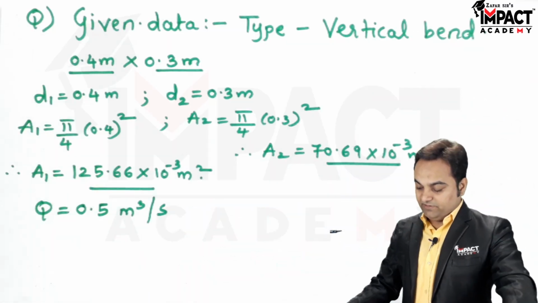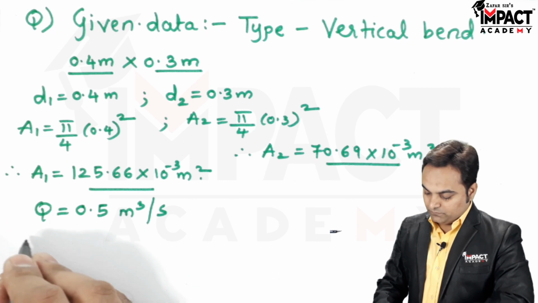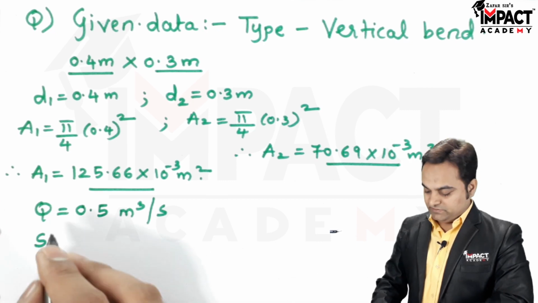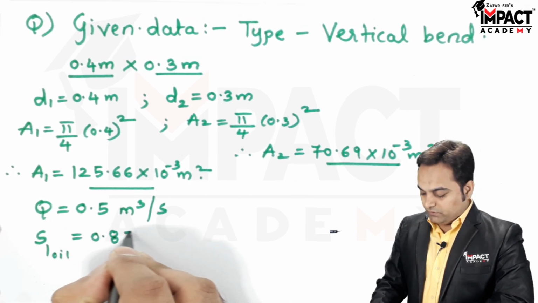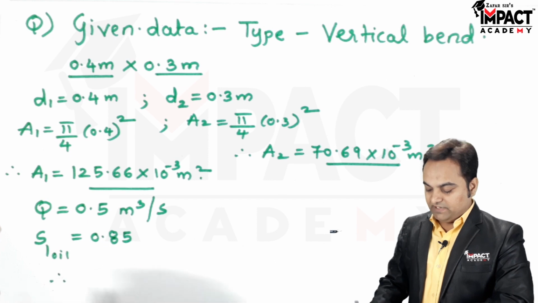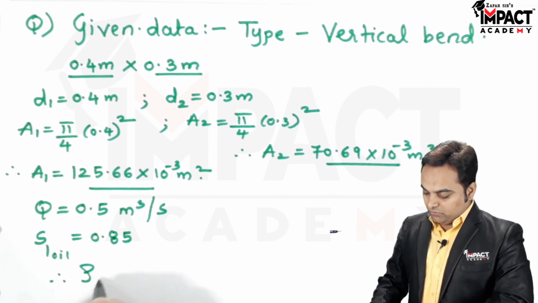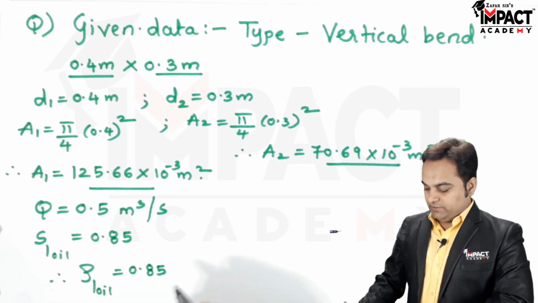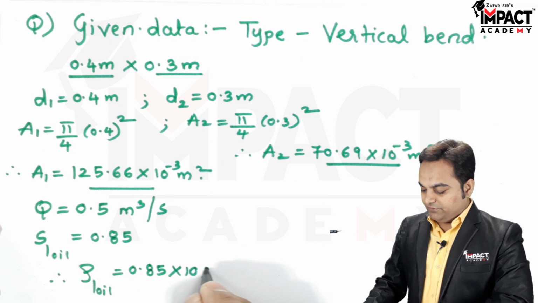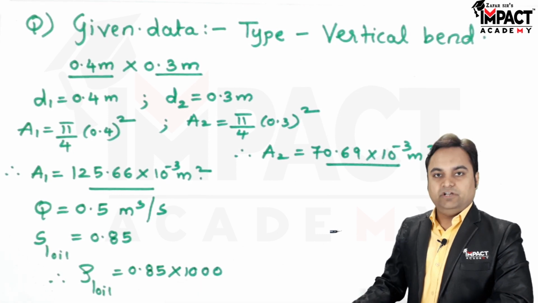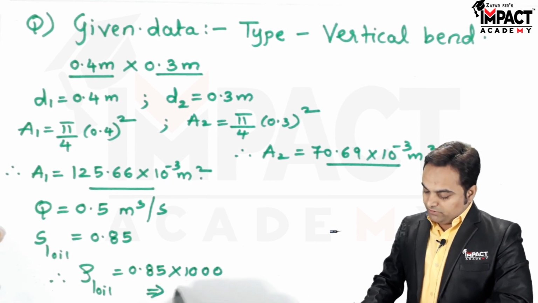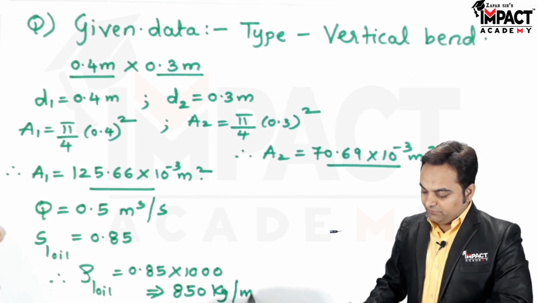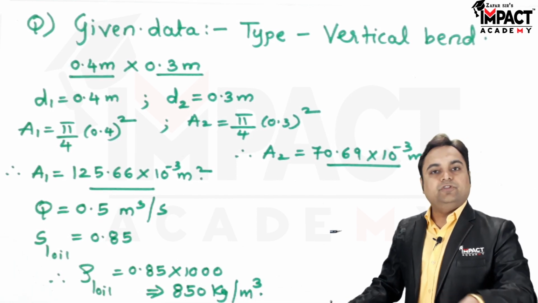So the specific gravity of oil is given, that is denoted by S. It is 0.85. So from this I'll get the density of oil, which is 0.85 into 1000, the density of water considered as the standard liquid. So this value comes out to be 850 kg per meter cube, which is the density of the oil flowing through this pipe bend.